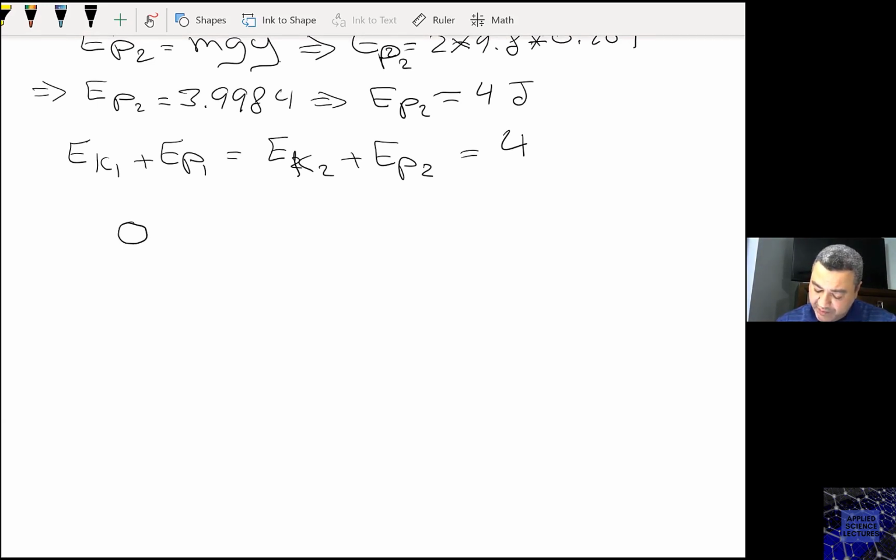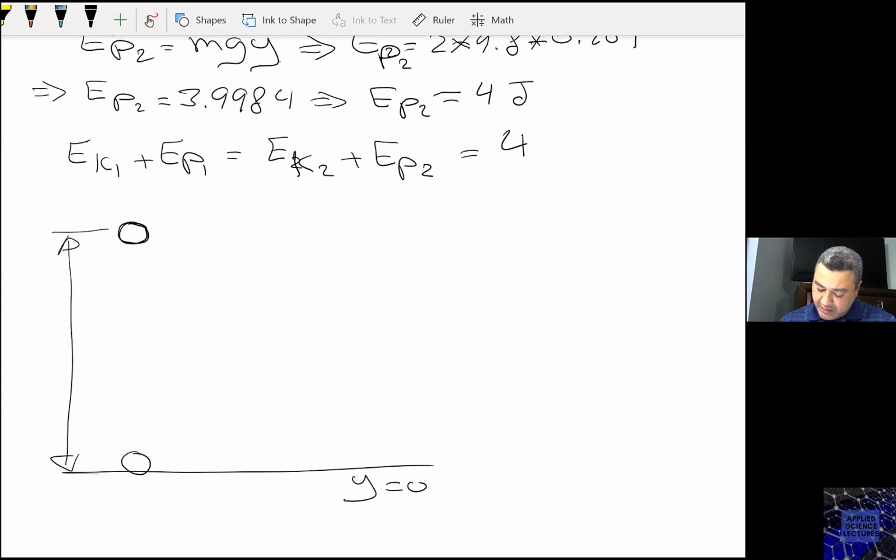This is the ball at the final destination, which is at 0.204, and this is the ball at 0. So this is y equals 0, my reference. And here is 0.204 meter. So the total energy is 4.